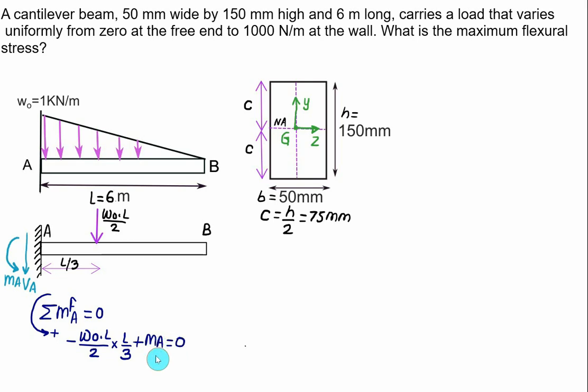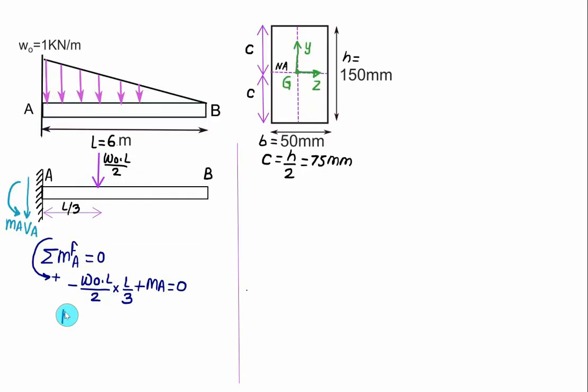This sum must equal 0. So bending moment at point A, the maximum value, is equal to W0 into L square divided by 6. We have W0 equal to 1, L square is 6 square divided by 2 into 3, equal to 6. So this answer is 6 kilonewton meter.